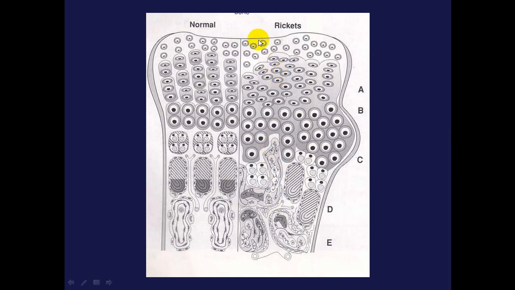In such cases, usually the hyperplastic conditions will be quite active. The formation of enlarged osteoblasts also occurs, however no complete mineralization occurs. That is rickets. That is also osteomalacia.